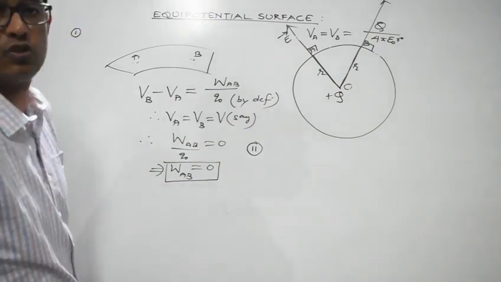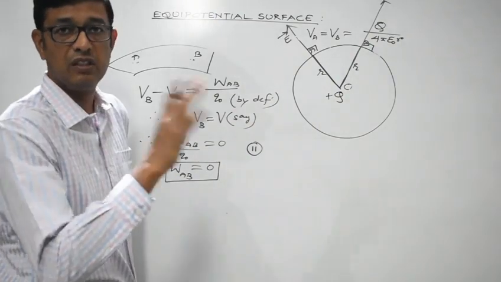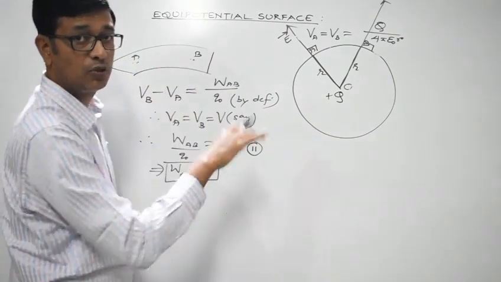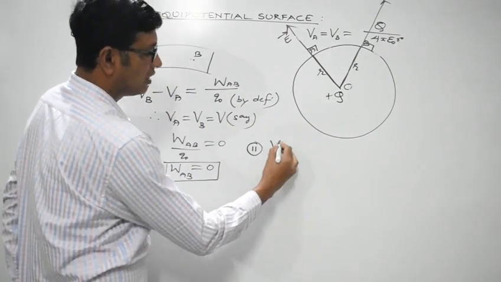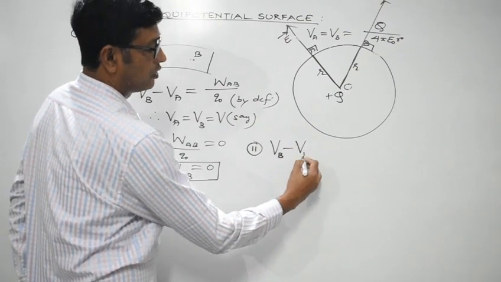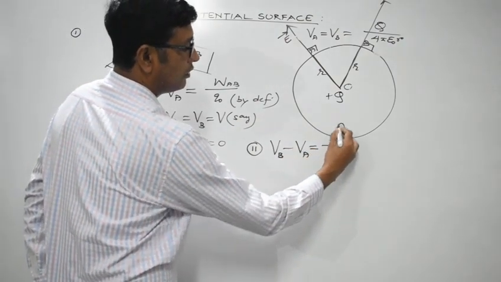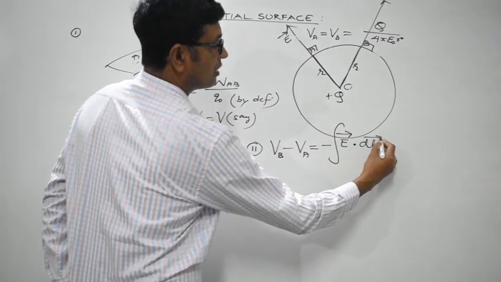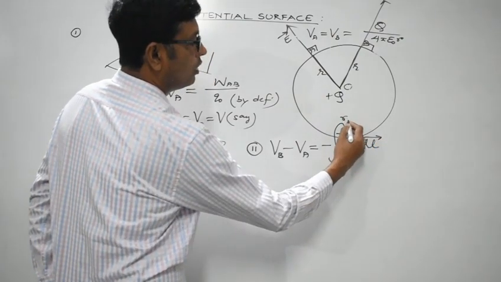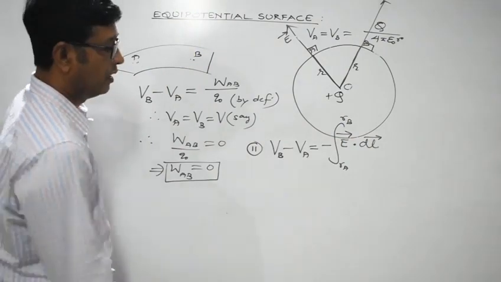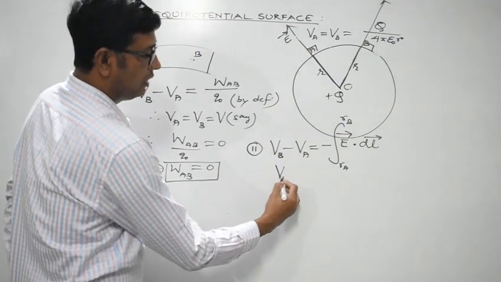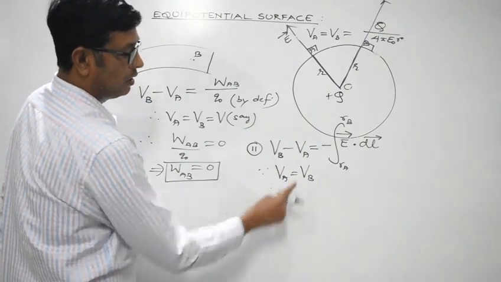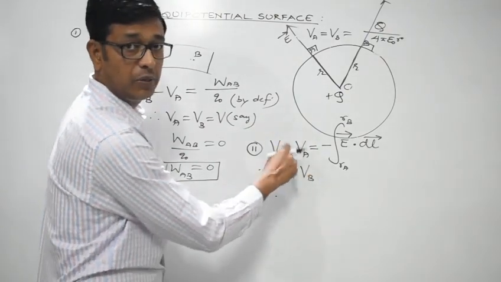So here also we'll make use of an expression which we have earlier derived. So potential difference between the 2 points in terms of line integral of electric field may also be written as, this is the potential difference, it is given by negative of the line integral of the electric field, E vector dot dl vector. Limits would be from Ra to Rb. We have done it, isn't it? Now since Va is equal to Vb, therefore this potential difference between the points A and B becomes 0.